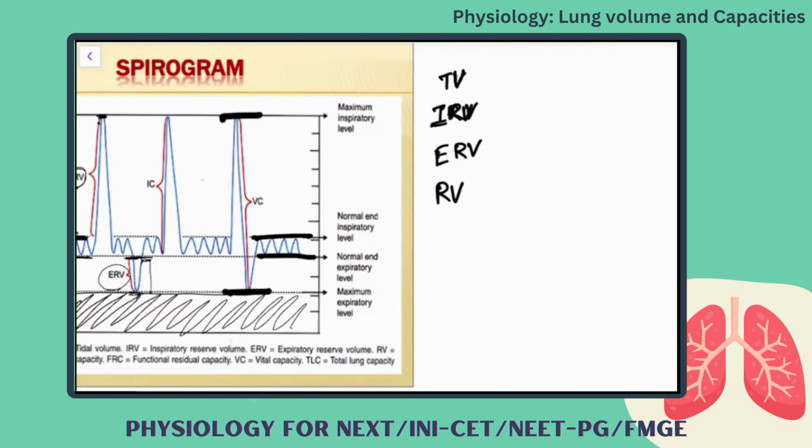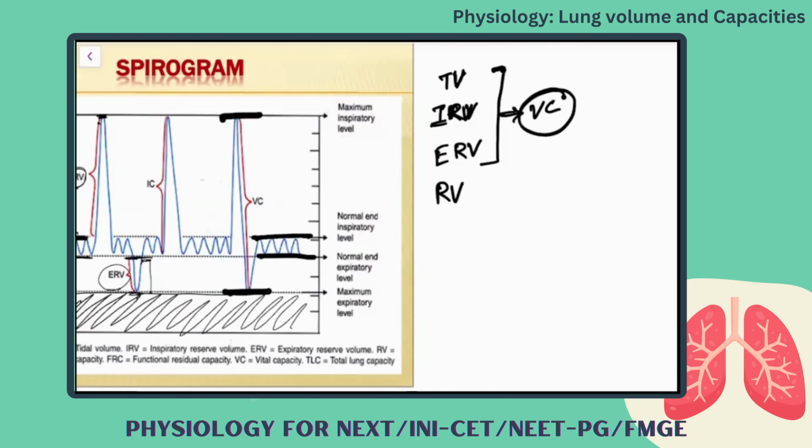These are the lung volumes. So now, what do you call the combination of all these 3? Vital capacity. Okay, so vital capacity is the combination of tidal volume, inspiratory reserve volume and expiratory reserve volume.